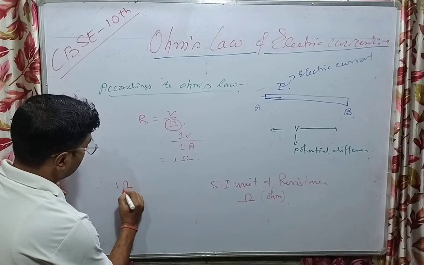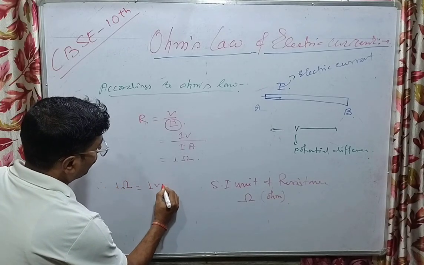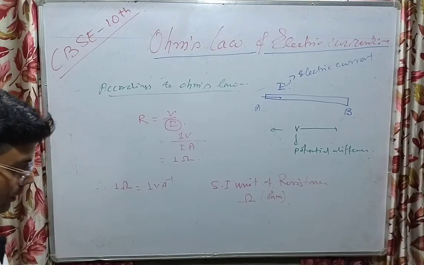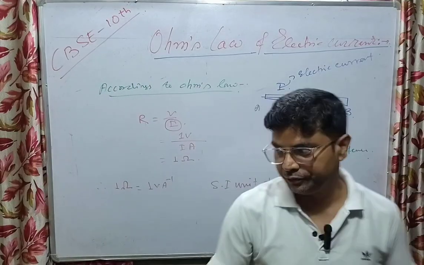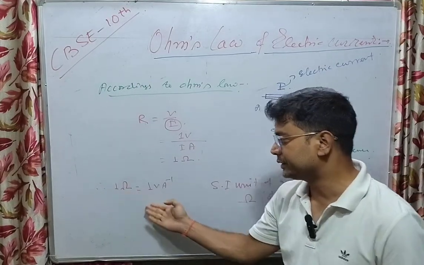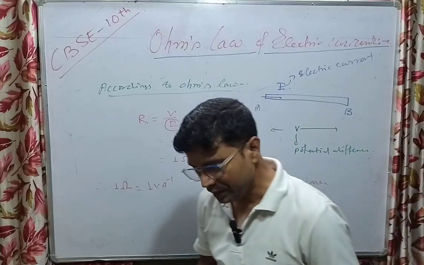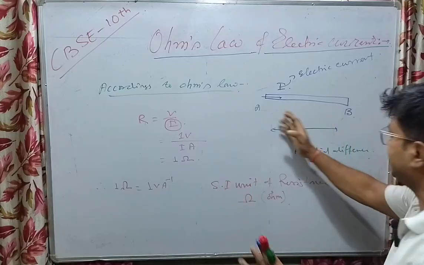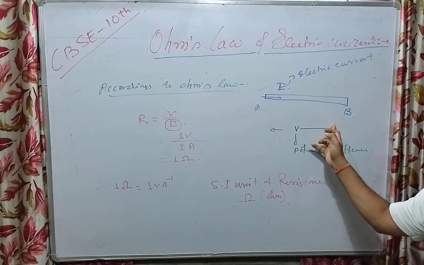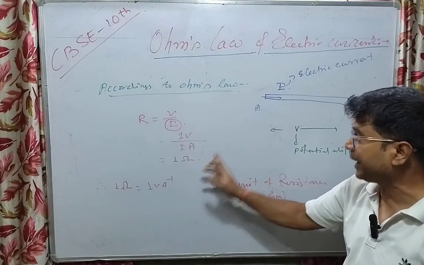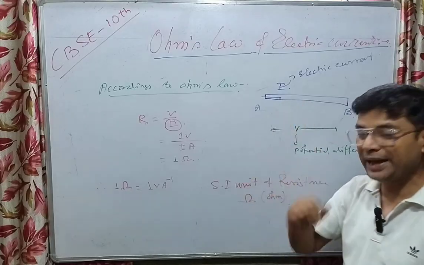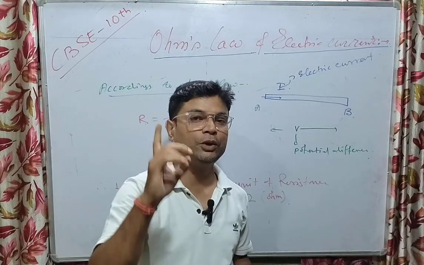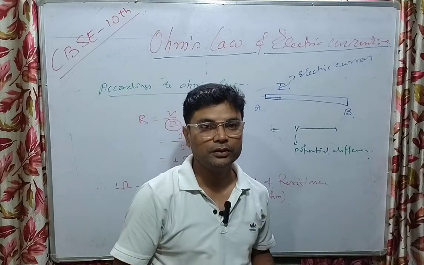That is, 1 ohm is equal to 1 volt per 1 ampere. You can define this term like this. When the potential difference between 2 points is 1 volt and the amount of current through the conductor is 1 ampere, then the resistance of the conductor should be 1 ohm. Clear?